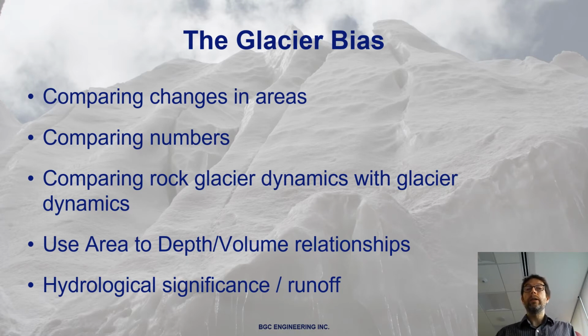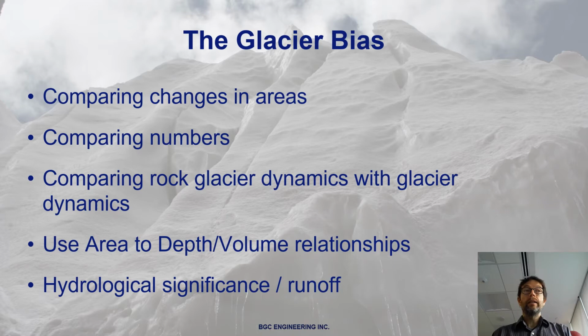The same applies when you look at the numbers. How often do glaciers split? Specifically small glaciers, we see them splitting quite frequently now as their area is receding rapidly. But that does not happen to a rock glacier. Only because the permafrost within a rock glacier degrades, and the rock glacier goes from active to inactive, or transitional into relict, it doesn't split.